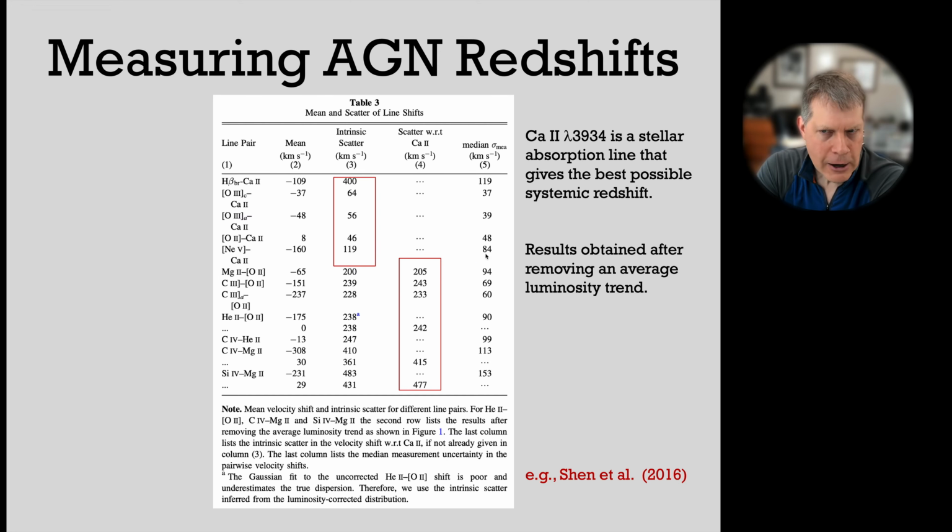And if you carefully remove known luminosity-dependent trends for the various emission lines, and you can read about the details in this paper, well, for example, if you use this O3 line, you can get the typical redshift measured to within an intrinsic scatter of 50 or so kilometers per second. And the typical numbers here for O2 and O3 range from, again, around 50 up to somewhat above 60 kilometers per second.